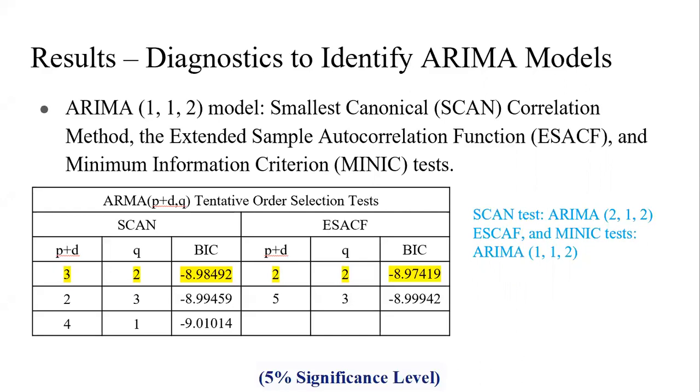So this suggests an ARIMA model of ARIMA 112. The SCAN test suggests ARIMA 212, whereas the ESACF and MINIC tests suggest an ARIMA 112 model, and hence we will be using the ARIMA 112 model.